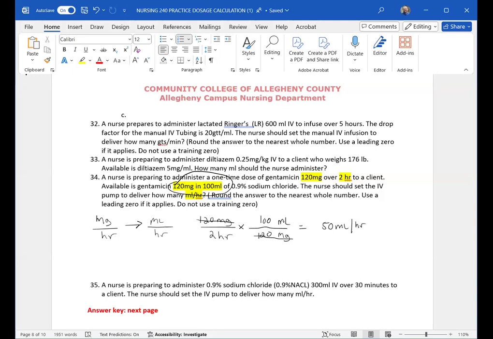Sometimes you might get an answer like 45.6, and that could be a correct answer in milliliters per hour, but if they tell you specifically to round to the nearest whole number, that's very helpful. So hopefully that's what they'll give you on your final test as well.